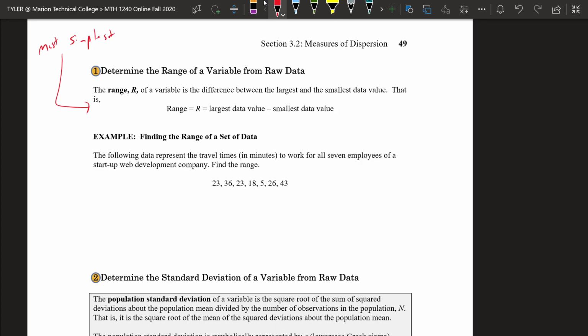Most simplest measure of dispersion. So we're going to use capital R to mean range, and the equation is just going to be your range is equal to your max minus your min, right? Your largest data value minus your smallest data value. So we're just looking for that difference.